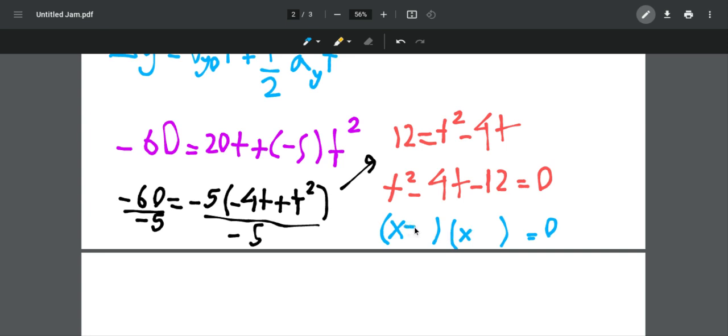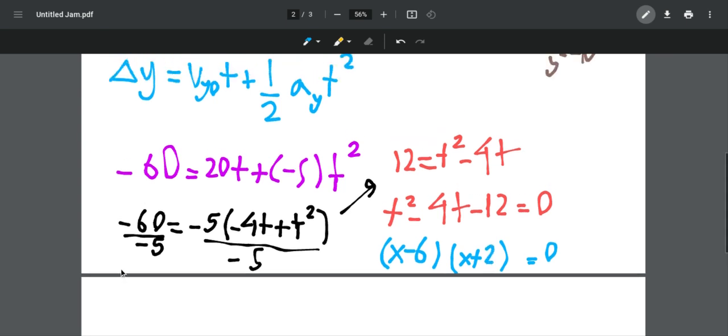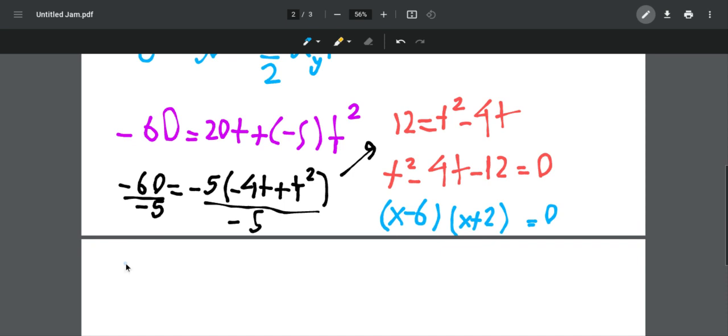So for the first part, I write x minus 6 and x plus 2. Now we set each factor equal to 0, and we get x is equal to 6, where x is the same as t. I changed the variable so we can notice it a little better. And also x equal to negative 2.